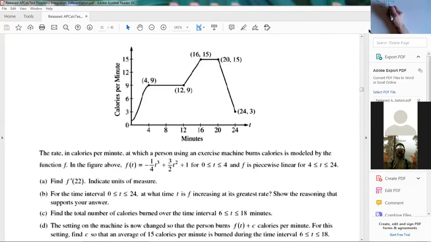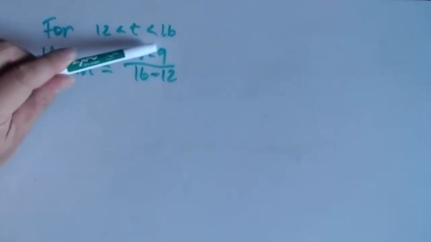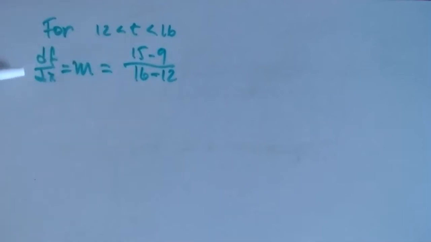So the slope is 15 minus 9 over 16 minus 12. So df/dx is the slope of the line. Again, I have to do this basic operation. For times between 12 and 16, the derivative of this function with respect to x is the slope between these 2 points, correct?